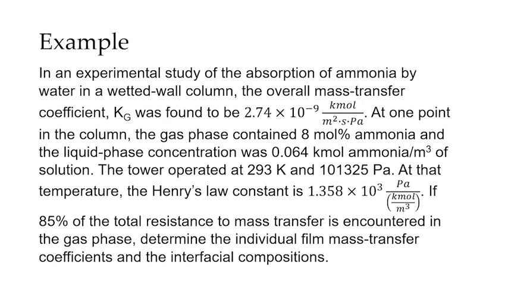The tower operated at 293 Kelvin and 101.325 kilopascals. At that temperature, the Henry's law constant is 1.358 times 10 raised to 3 pascal per kilomole per cubic meter. If 85% of the total resistance to mass transfer is encountered in the gas phase, determine the individual film mass transfer coefficients and the interfacial compositions.